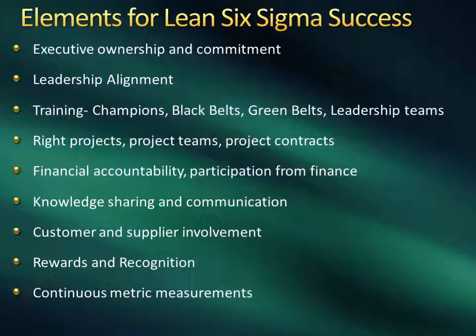So if you were to drill into Lean Six Sigma, there really are some key elements to ensuring that new processes or procedures that you're rolling out are as successful as part of the Lean Six Sigma process.